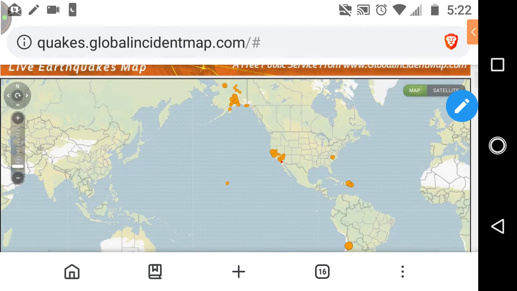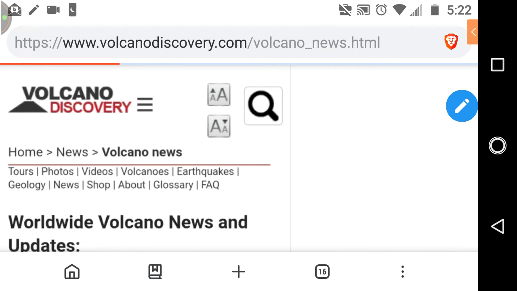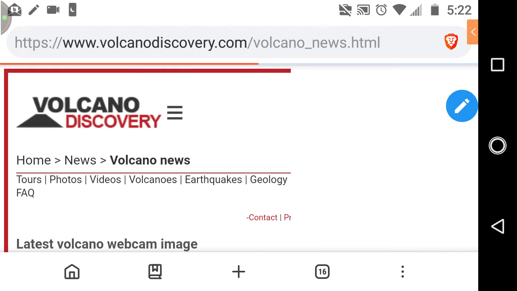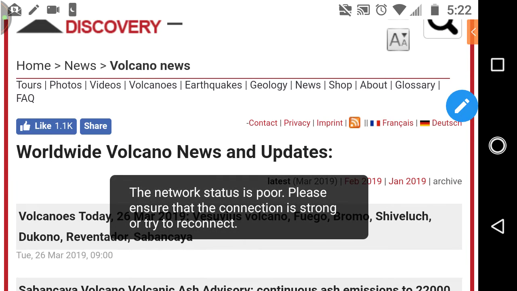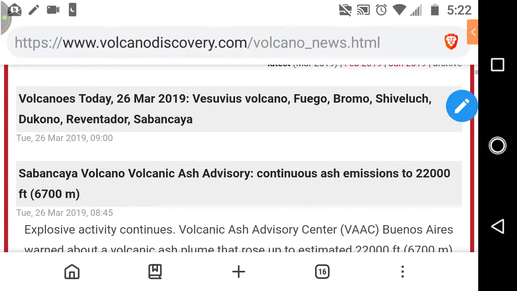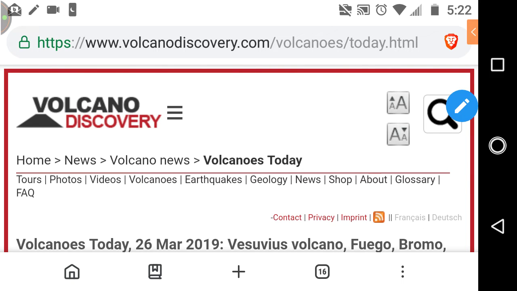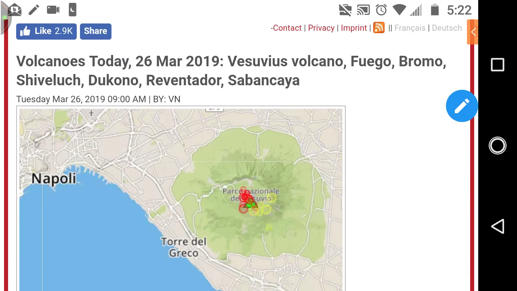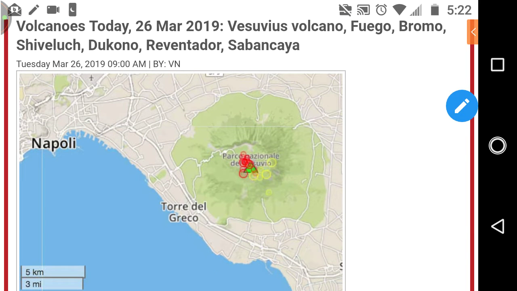All right, let's move on to some other things here, like volcanoes, as we see at least one new entry on the list. And we have poor network status for some reason. Please let us know with a comment if everything looks okay from your end, as I can't see very much. Today's volcanoes.